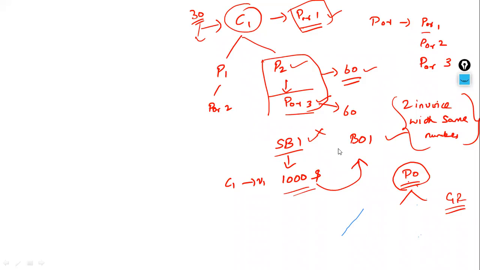Venkatesh, sorry to ask the same question again, but I'm getting confused between payment terms of company code data and purchase organization data. Can you please repeat it? Let me explain it again. This is your enterprise structure.